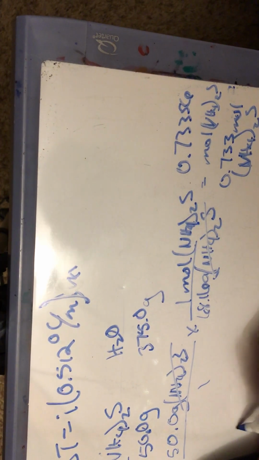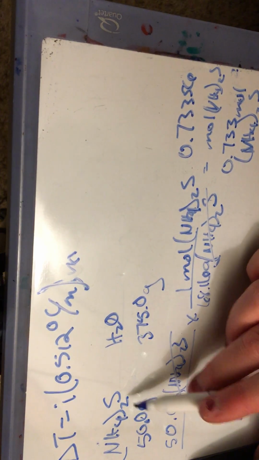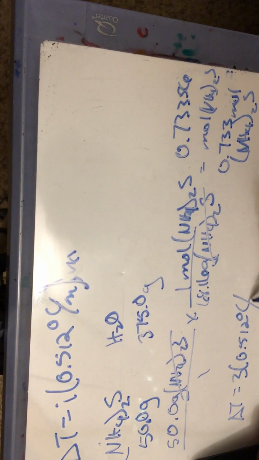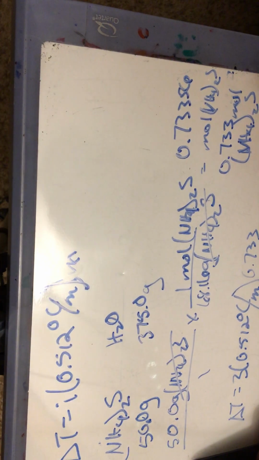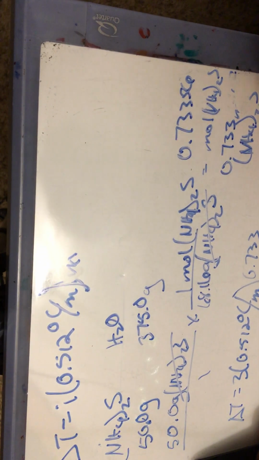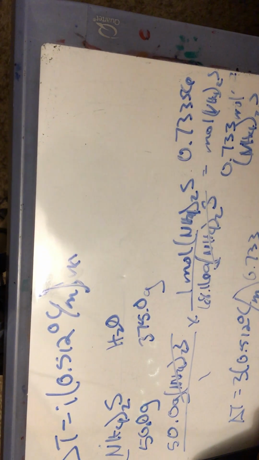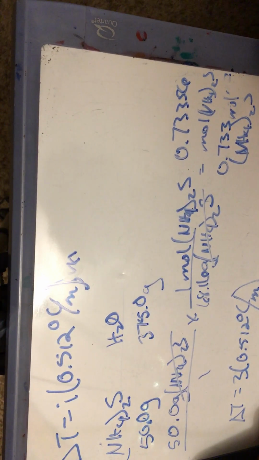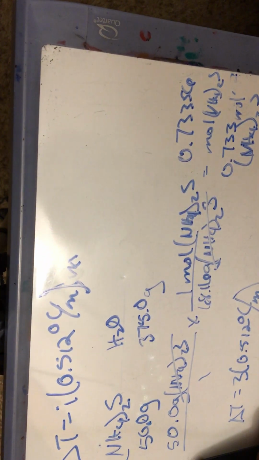Now we just plug that into our equation. There's 3, 0.512 degrees Celsius molality, which is 0.733, and that's moles, but we need to go a step farther because now we need to take this 0.733 moles, divide that by 0.375, because all you have to do is move that over.